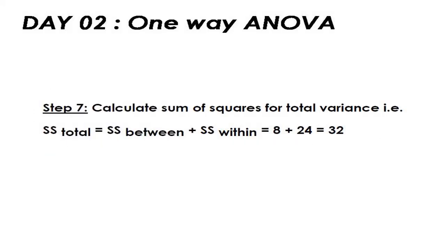Then the next step is to calculate the sum of squares for total variance, that is represented by SS total, which will be equal to SS between plus SS within, which will be equal to 8 plus 24. SS between we have calculated in the previous step as 8, and SS within we have calculated as 24, so it will be equal to 32. And then the step number 8 is to calculate the degrees of freedom.